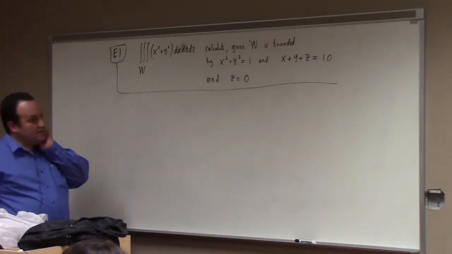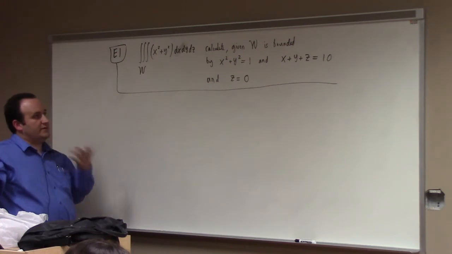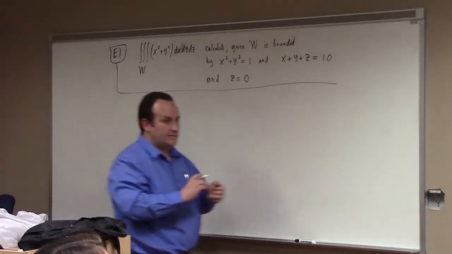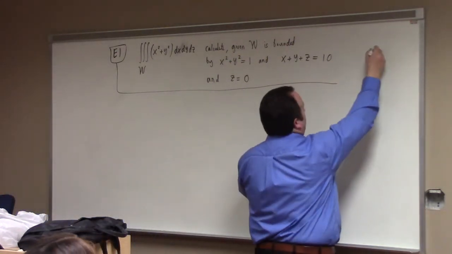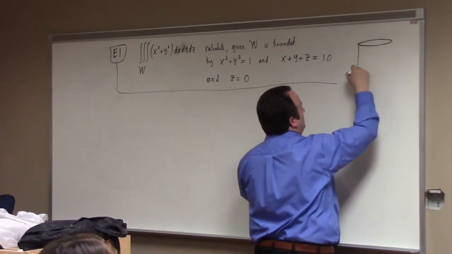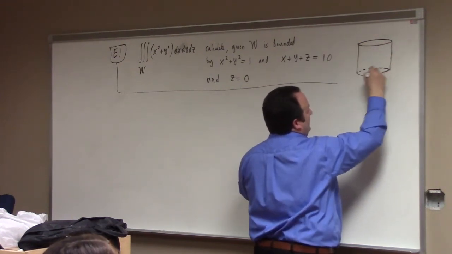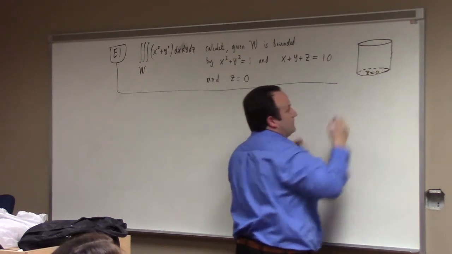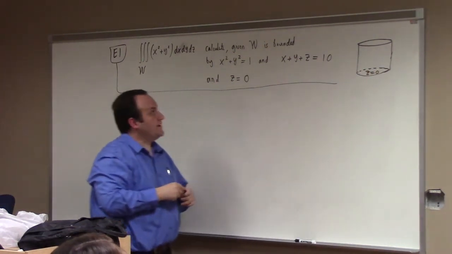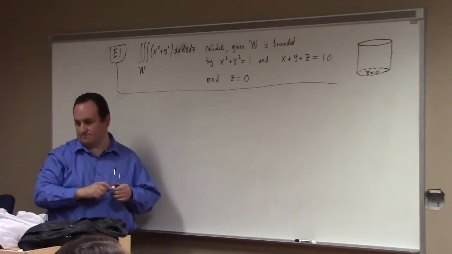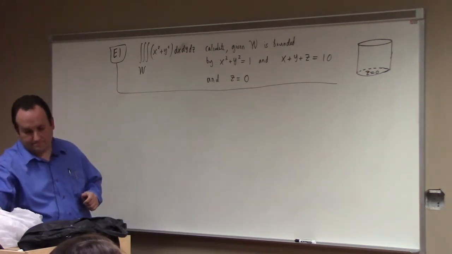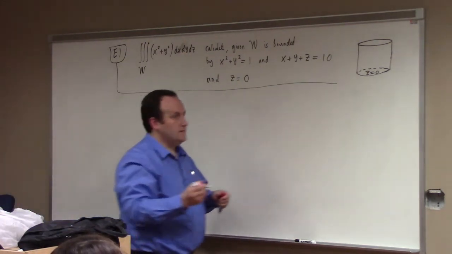Now, I will tell you, the region we're talking about here looks like what? I mean, x squared plus y squared equals 1 is a cylinder, right? So down here maybe z equals 0, right? And then what's x plus y plus z equals 10? It's a plane, right?